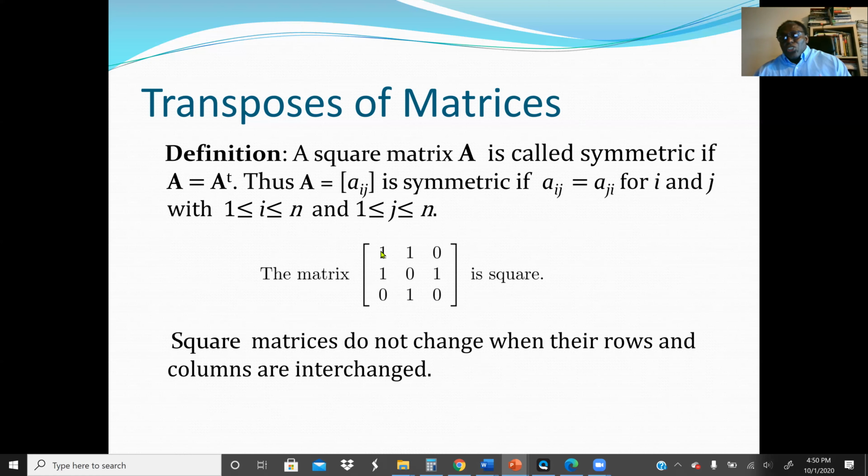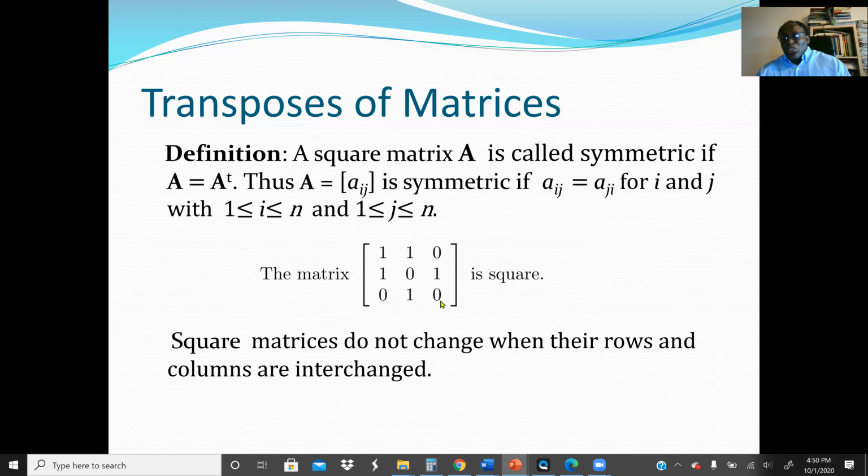Why? If you change 1, 1, 0 as a row to a column, you will get the same 1, 1, 0, which is here. Now we are in the second row. The second row, we have 1, 0, 1. If we change the second row 1, 0, 1 to the second column, we still get 1, 0, 1. Then we are in the third row. Third row, we have 0, 1, 0.